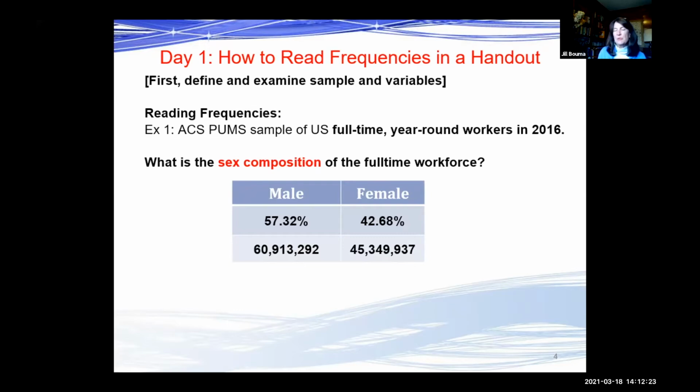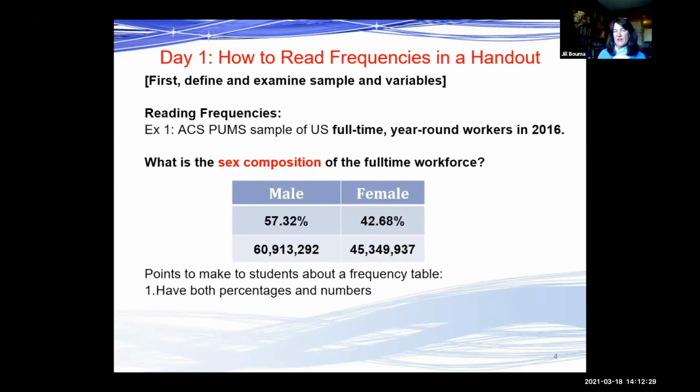Again, this is quite simple, and yet there's actually a lot to sort of share with students when they start seeing these. So the first thing I point out, well, we have both percentages and numbers. And I'll ask them, well, what makes the most sense to use? And I always have students who want to use the numbers, and especially in papers, and I don't know if it makes papers longer, but as you can imagine, it's not terribly effective. And so we'll talk about why.